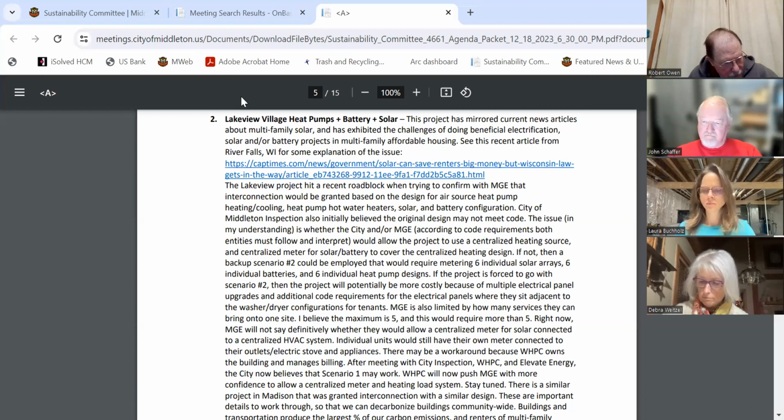And so it makes a lot of these projects really difficult, because then you have to think about separating everything out, and it adds cost. And what we've run into in Lakeview is that if they did split out all the systems, it may then push the project over the allowable number of services that MG&E could bring onto the site.